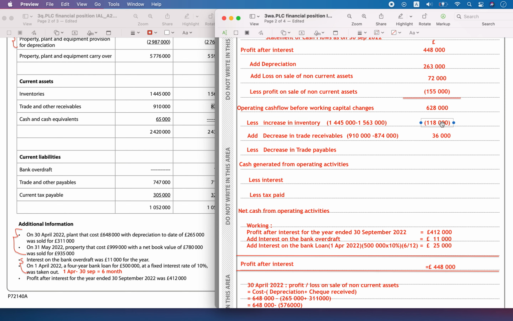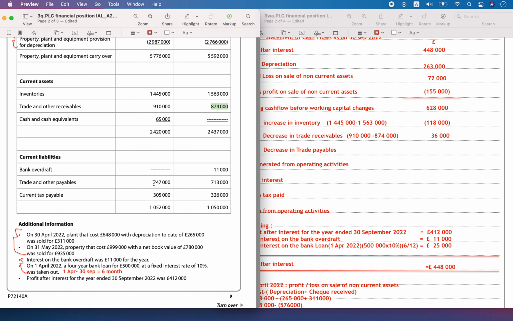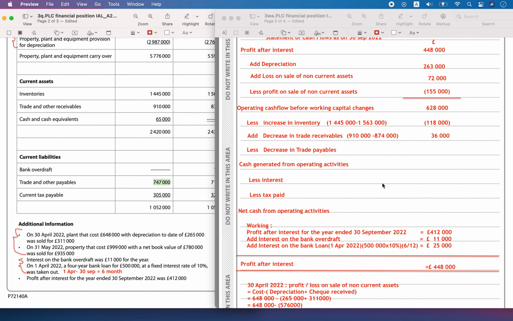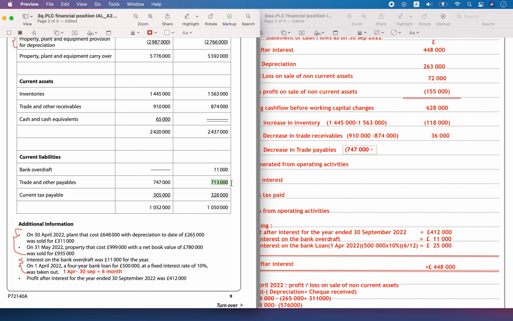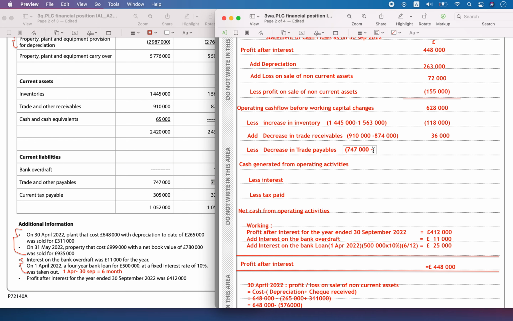And then you have trade payables, 747,000 minus 713,000. So that value is going to be a 34,000 decrease.